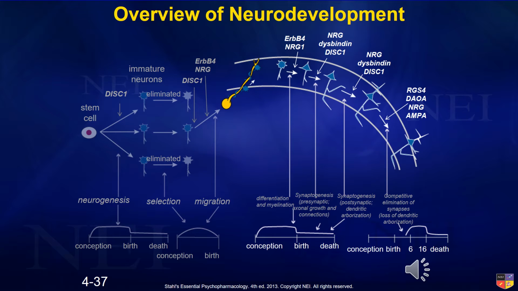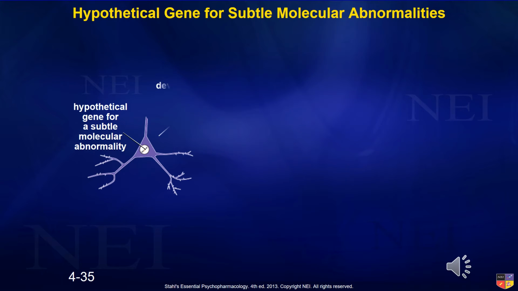And after synaptogenesis, there is continuing activity through all these different enzymes. You'll notice that from age 6 to 16, there is another flourish of activity where there's again a competitive elimination of neurons and the genesis of new neurons. Oh, that's a lot of information very quickly. Okay, let's move on.